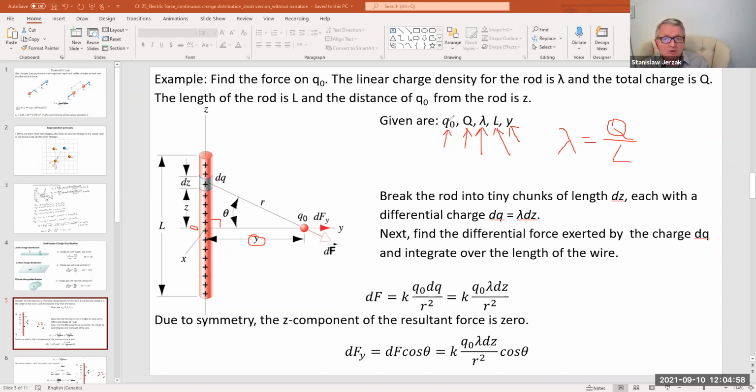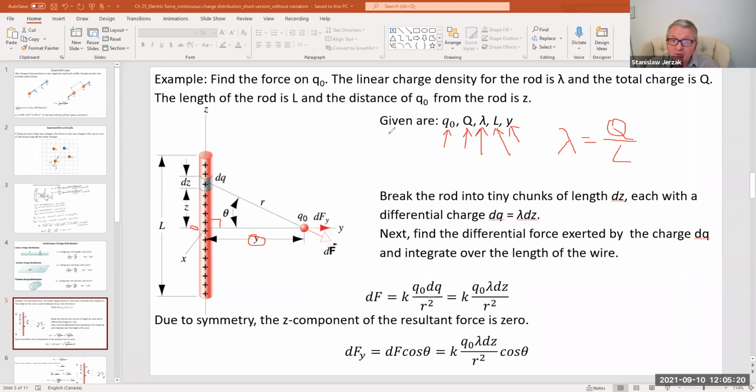So here too much information is given, because I'm telling you that Q is given and L is given, and at the same time lambda is given. But lambda of course is Q divided by L. So this is given information. And the question is to find the total force exerted by the rod on that charge Q0.